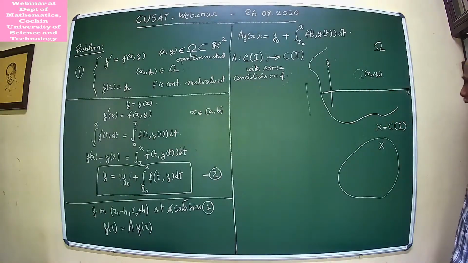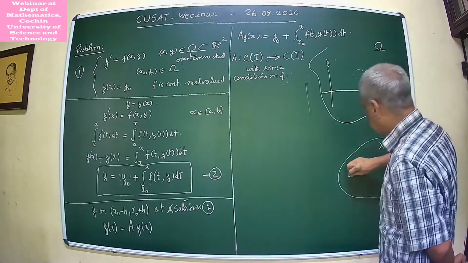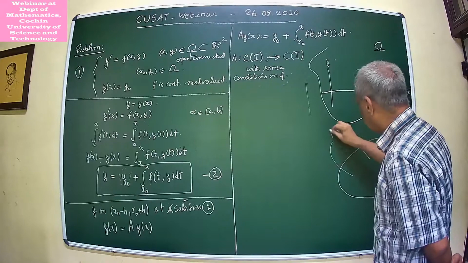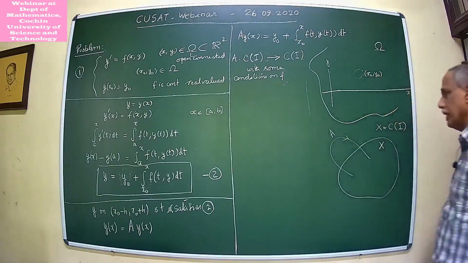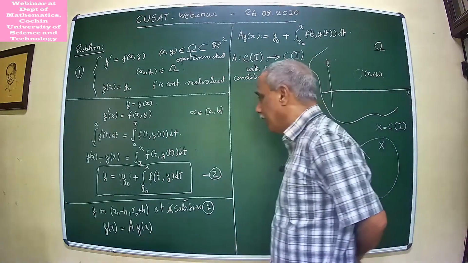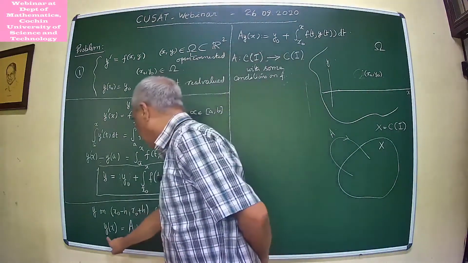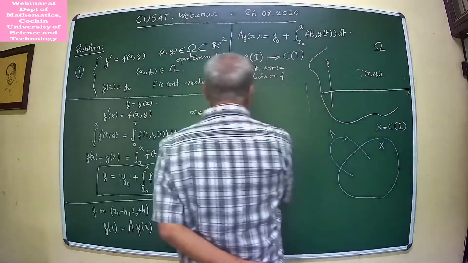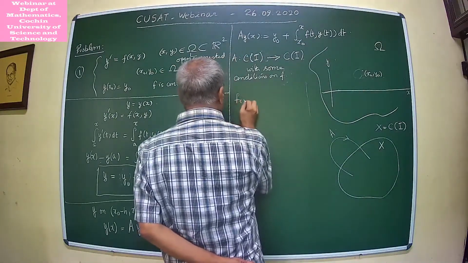So what you are having is A is a map from this class into itself. Okay. So what is your problem? Your problem is find a y such that y is equal to Ay, or in other words, you are seeking a fixed point now.